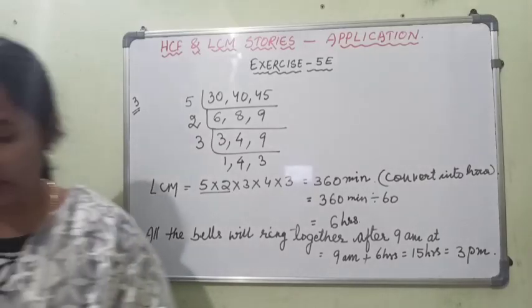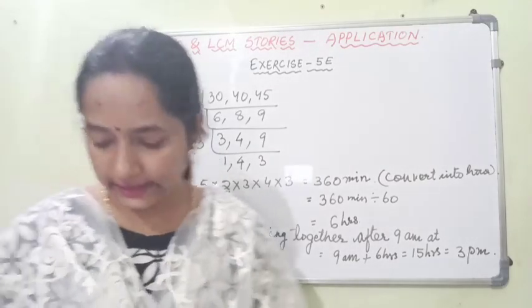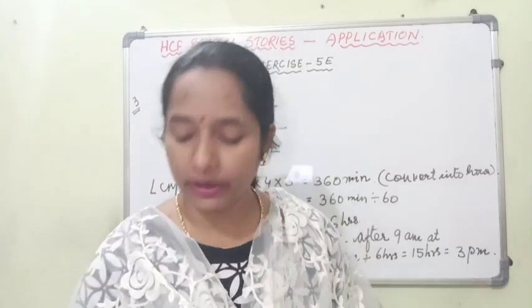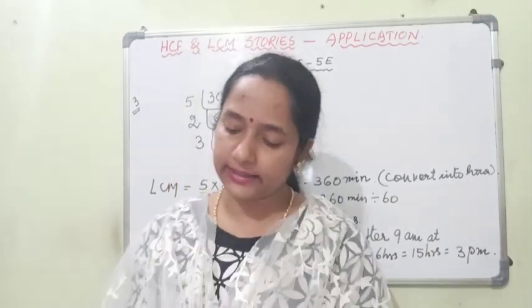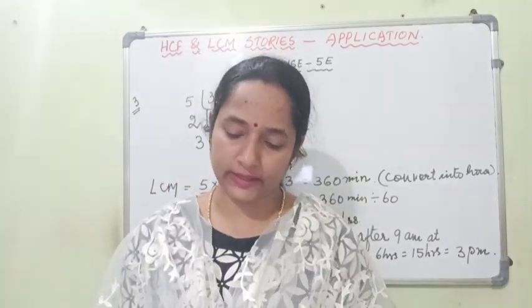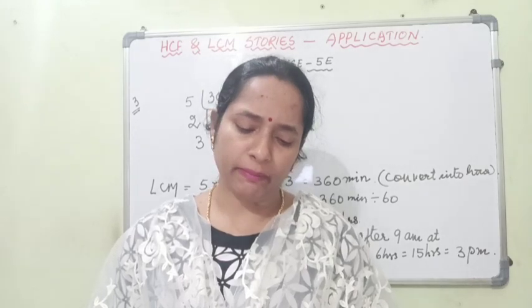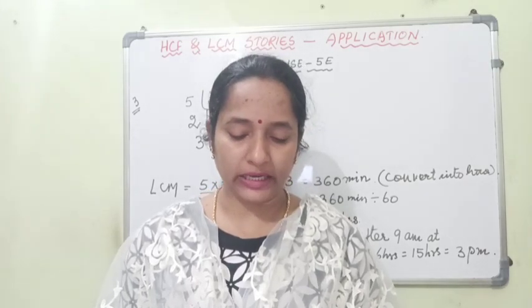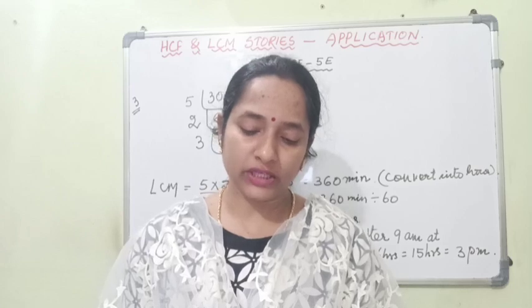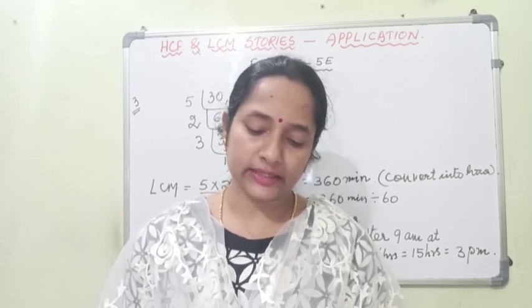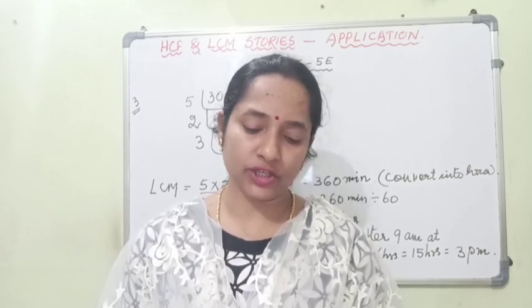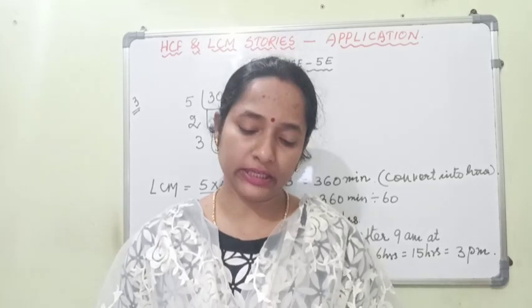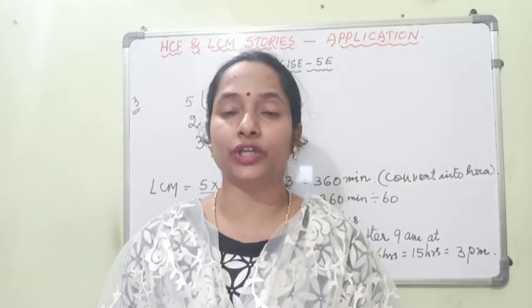The next question we have: 2 water tanks contain 240 liters and 360 liters of water respectively. Now, find the maximum capacity of the bucket that can empty both the tanks, exactly leaving no water in the tank.